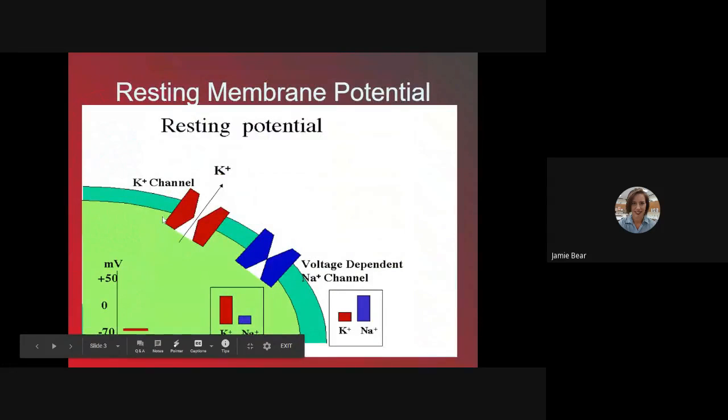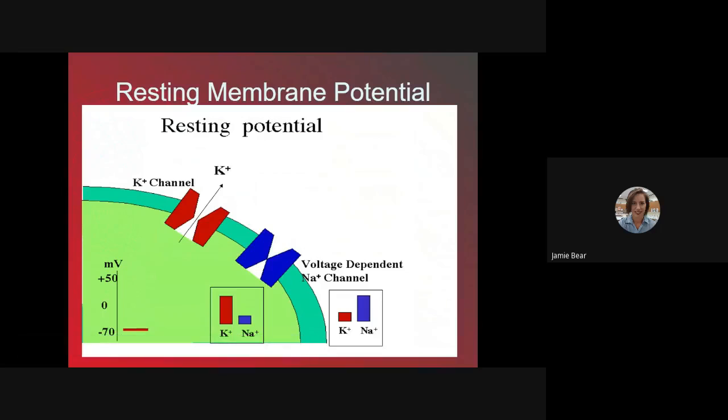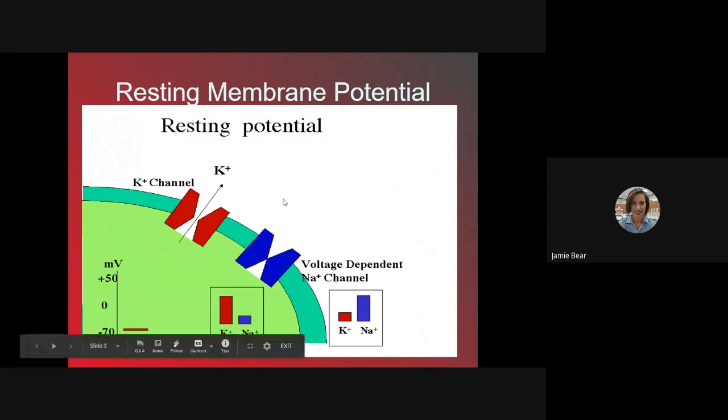The normal, what we call a resting membrane potential, is when there's no action potential being generated, AKA a contraction. It is at the point where the voltage is at its most negative state.